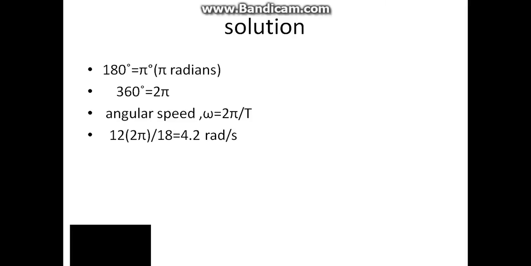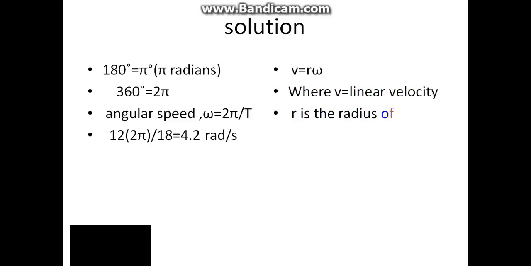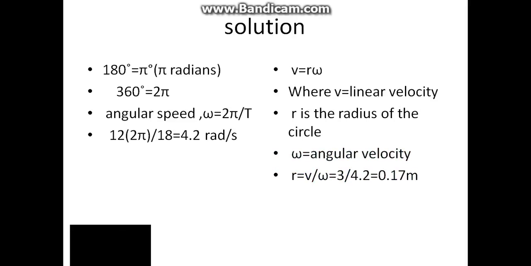Velocity we are asked to find is equal to radius times phi, which is the angular velocity, where v is the linear velocity, r is the radius of the circle, and phi is the angular velocity.